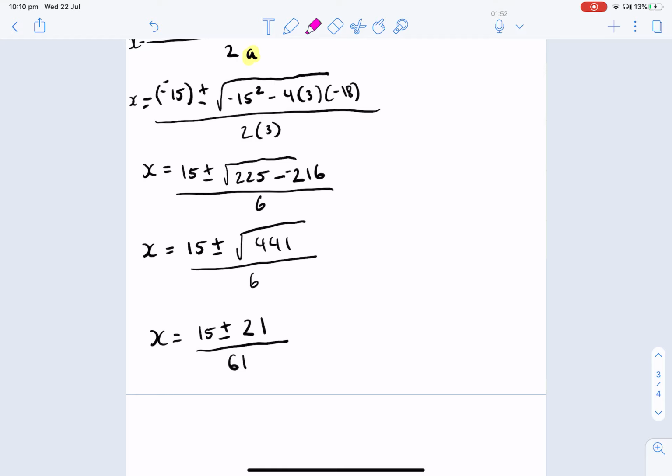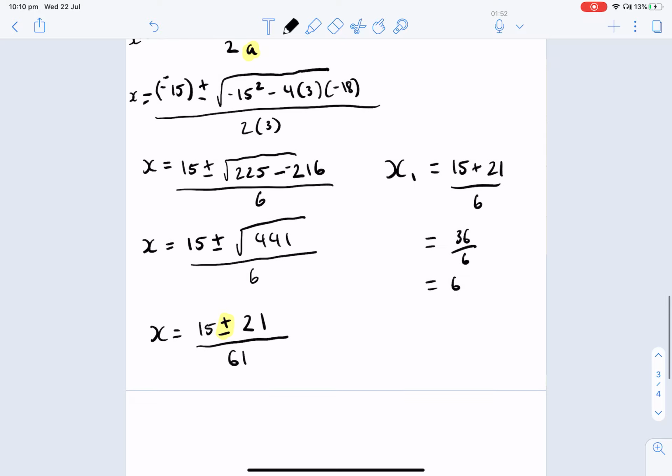So this plus or minus here, guys, as I kept saying, means we're looking for two coordinates. What that means is we're going to have two equations. First, our x1 is going to equal 15 plus 21, divided by 6. So 15 plus 21 equals 36, divided by 6 equals 6.